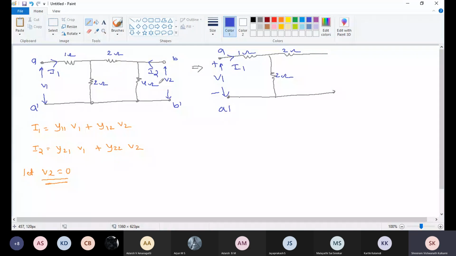Current chooses the low resistance path, the 2 ohm, so the high resistance path is neglected.